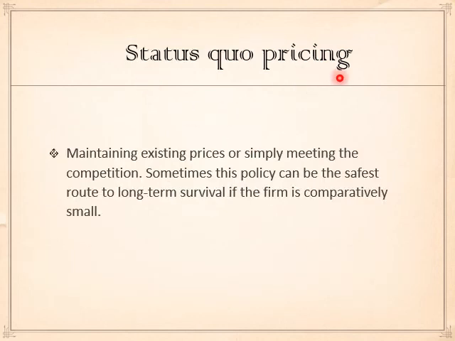Lastly, the status quo pricing. Similar to the status quo pricing objective, the status quo pricing strategy is maintaining the existing prices or simply meeting the competitor's price, which is the safest route to long-term survival if the firm is comparatively small. Because let's say you want to compete with the other competitors, you can't show that you are more expensive than your competitors, because people will buy your competitors' product.